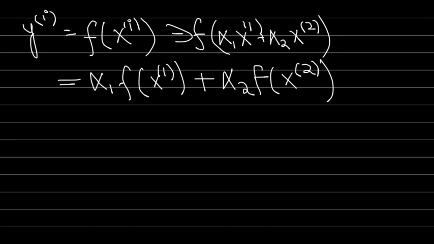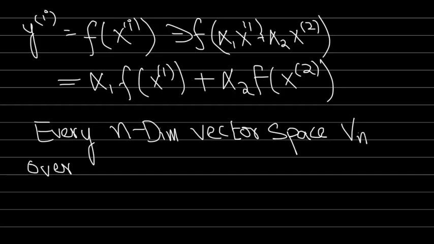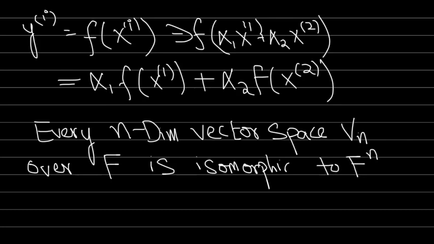That is that every n dimensional vector space, that is Vn over some field F, is isomorphic to the field Fn, right?